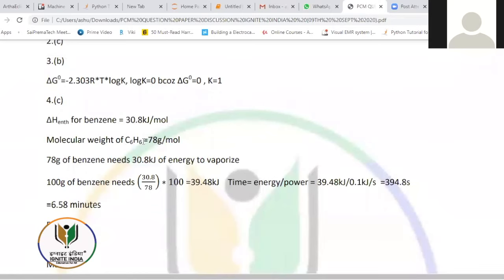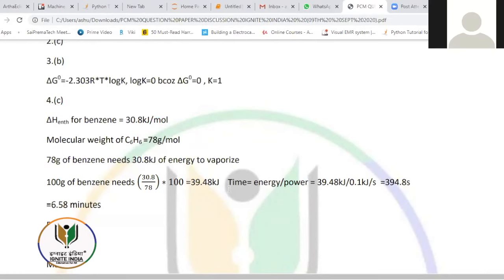So 72 plus 6 will give you 78. So 78 gram of benzene needs 30.8 kilojoule of energy to vaporize. They have asked how much 100 gram of benzene needs, so it is 30.8 divided by 78 into 100. This much energy is required to vaporize 100 gram of benzene.